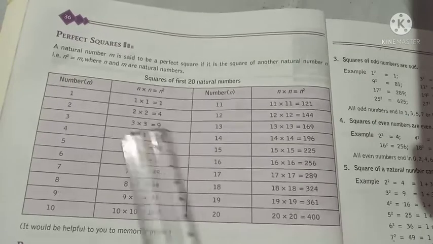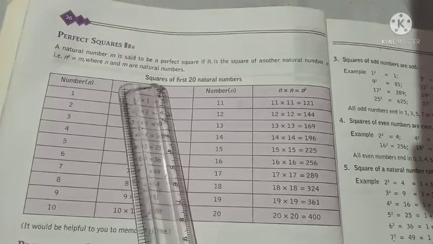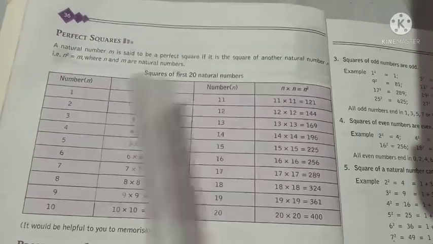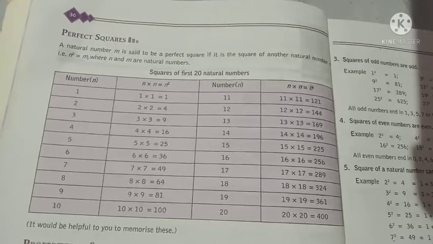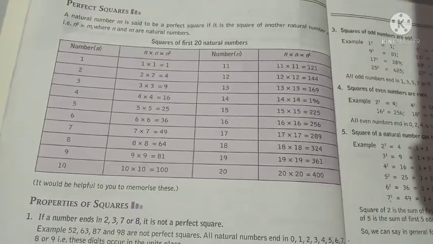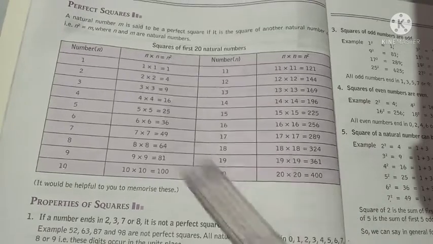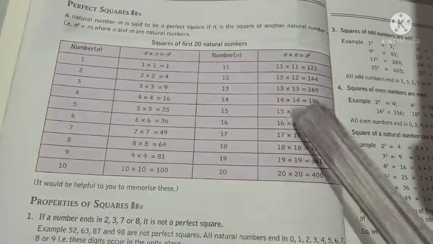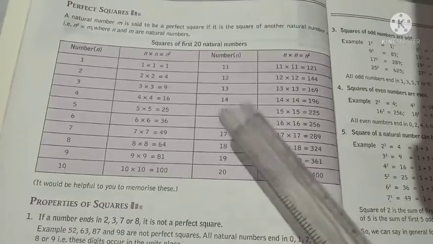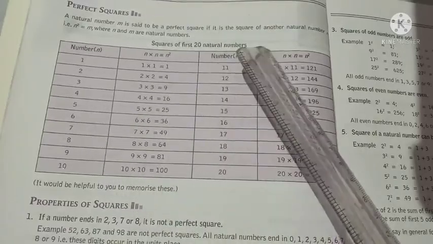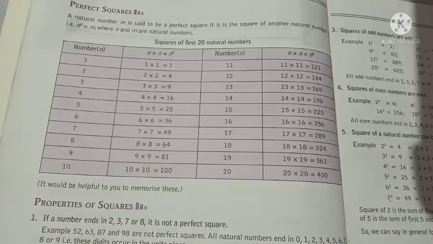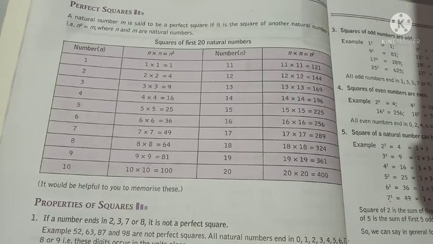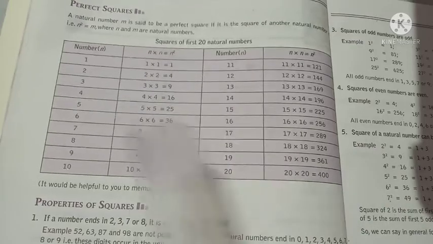So in this way, here are the squares of the first 20 natural numbers. We have only 20 numbers here, from 1 to 20. So it is better to memorize these squares of natural numbers, so that it will make your calculation easier. So this is a perfect square.